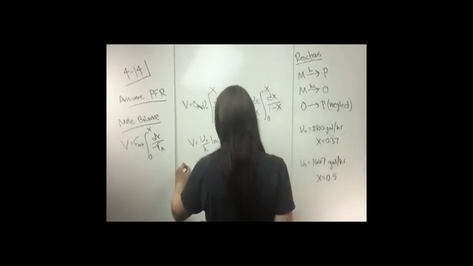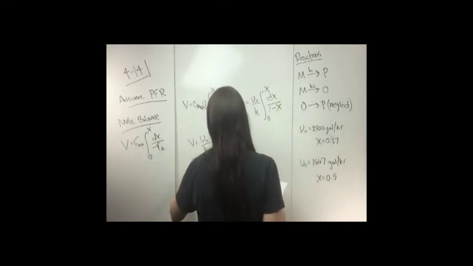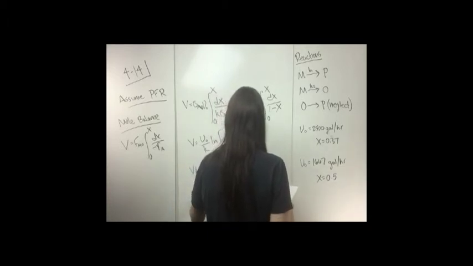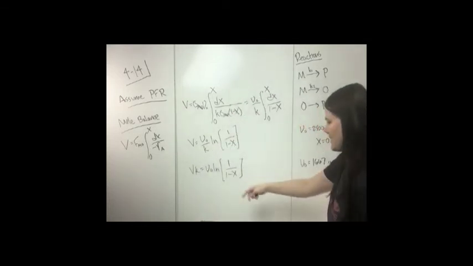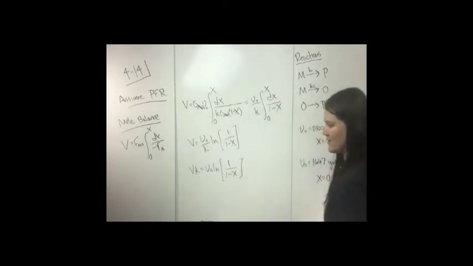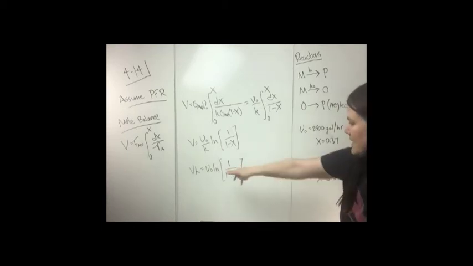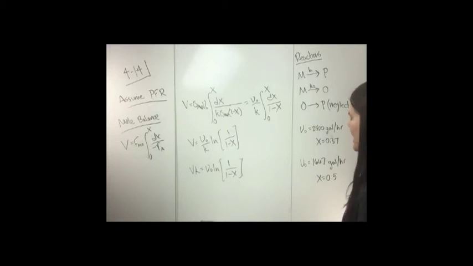So then we can multiply the k over. So you have Vk is equal to V naught natural log of 1 over 1 minus x. Because V and k should be the same for case 2 too, volume multiplied by the rate constant should be the same for both cases.